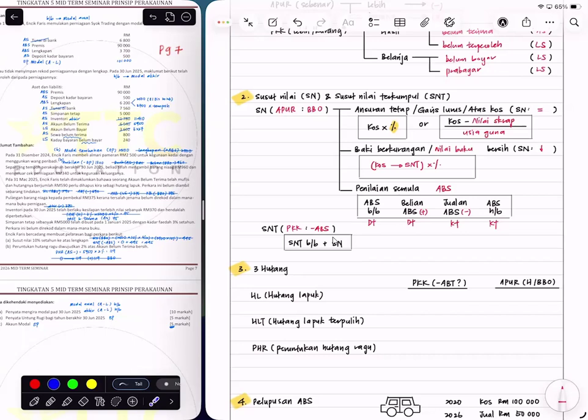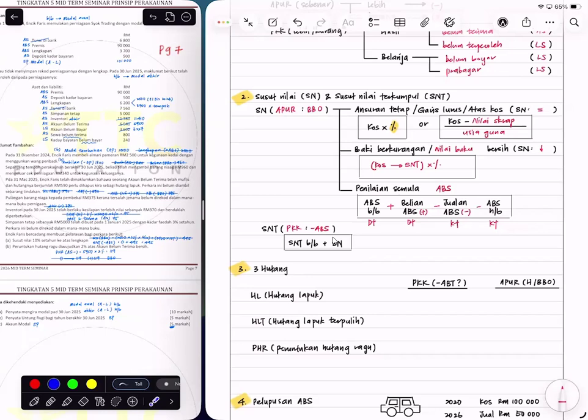So what we calculate by using pelarasan, by using the shortcut way earlier, take the higher side minus the lower side, right? If debit is higher, take debit minus credit. If credit is higher, take credit minus debit. And just now we mentioned, ABS always has the value in debit side higher, right? So if you start the equation by debit, then when you see debit, you need to add. When we see credit, minus. That's it.